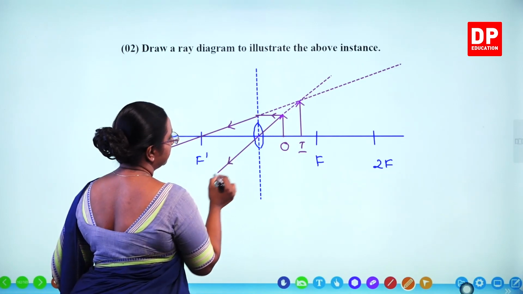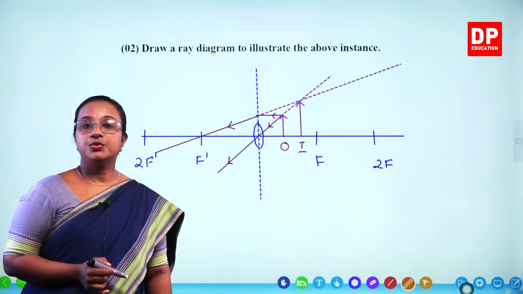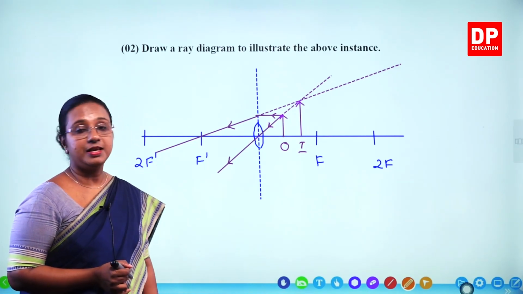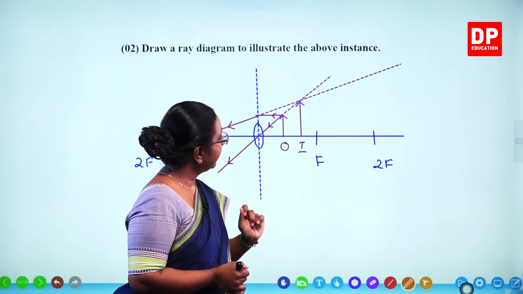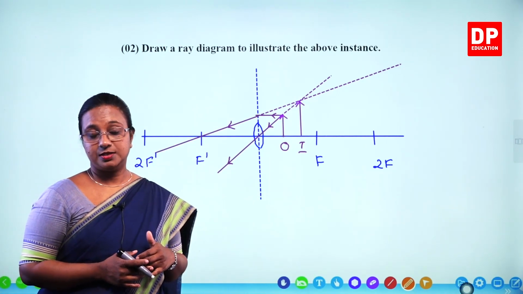So that is the ray diagram to illustrate the above instance. You can see it's upright, enlarged or magnified, and it is virtual.